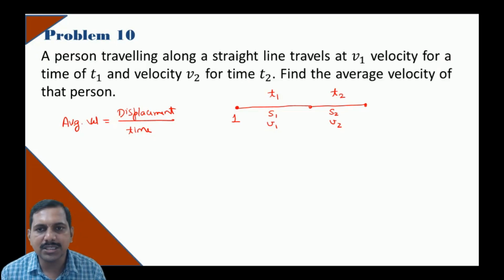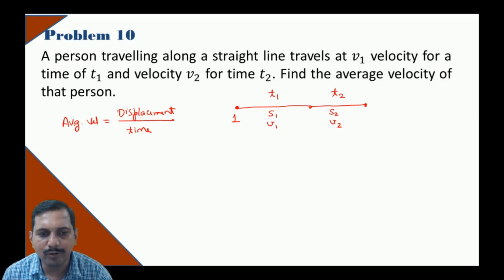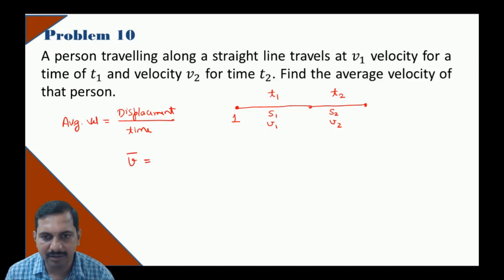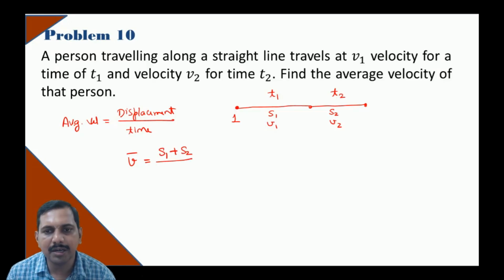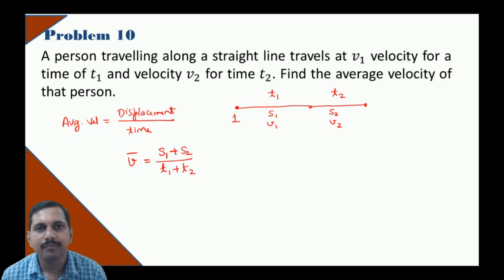Now what is asked is the average velocity. So we write the average velocity, v bar, is equal to s1 plus s2 divided by the total time, which is t1 plus t2.